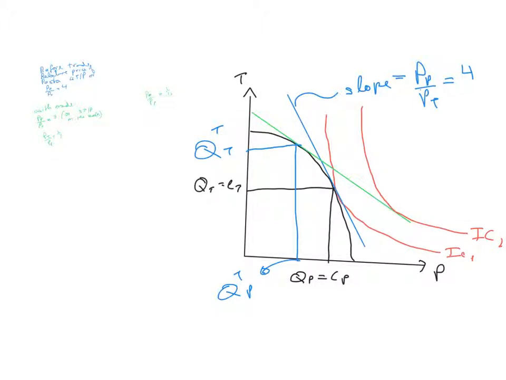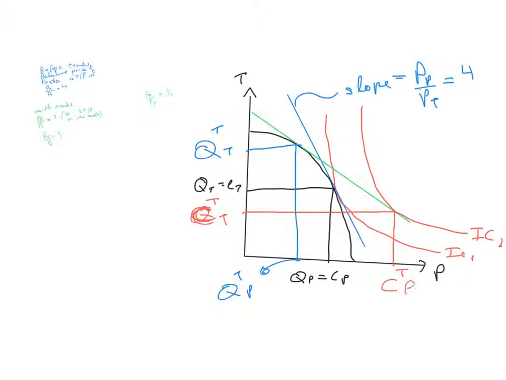So with free trade, there's a shift in the pattern of consumption as well. Consumption of togas is given by, again, dropping a line from the equilibrium in consumption to the toga axis. So QT for trade, C for consumption of togas, and the consumption of pastas is given by CT, again for trade, of pastas.